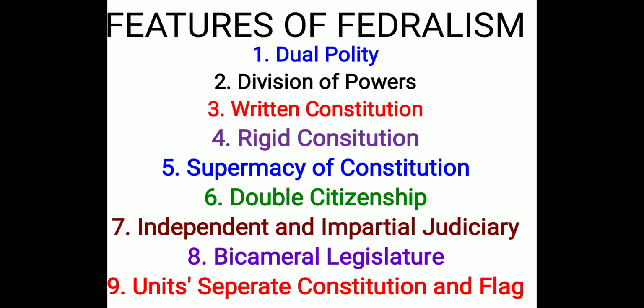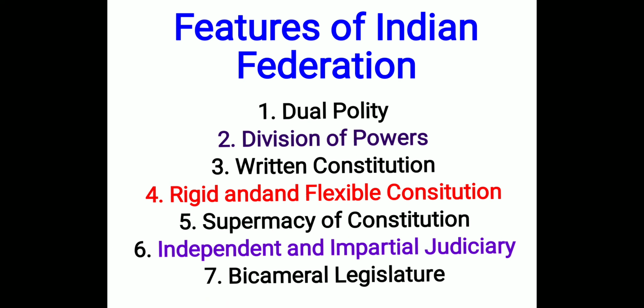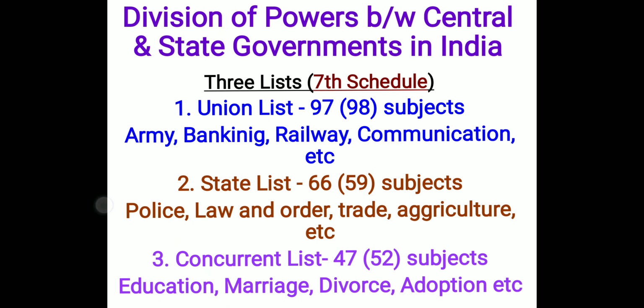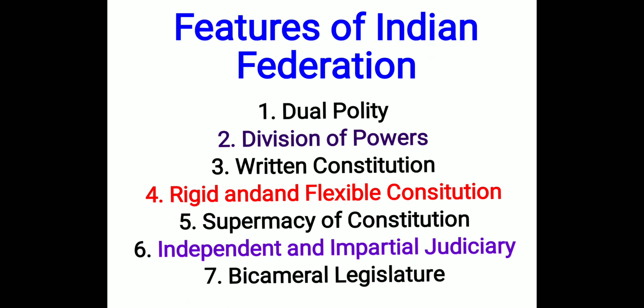So these are the basic features of federalism. Now we will talk about the features of Indian federation or Indian federal system. As we know, India also has adopted a federal form of government. However, Indian constitution does not use the word federation or federal form of government.